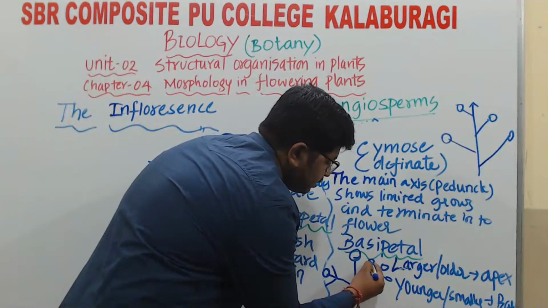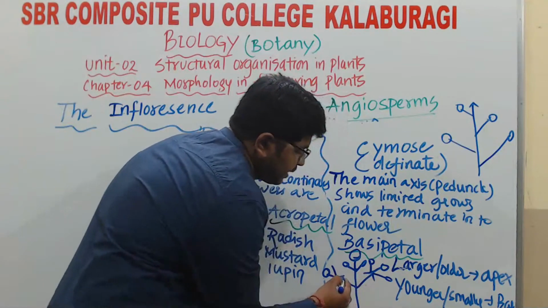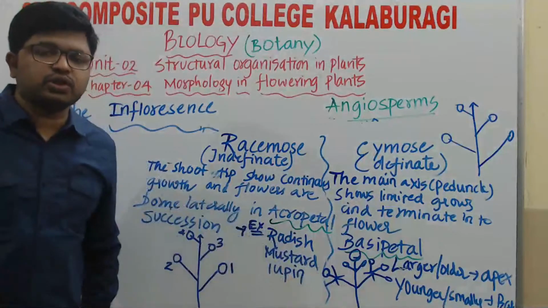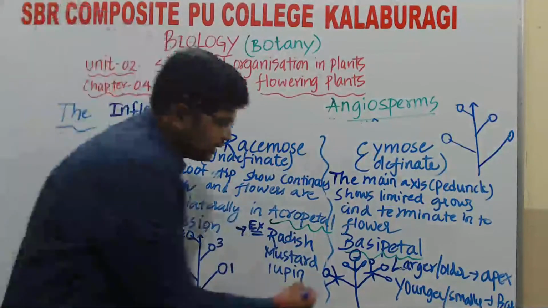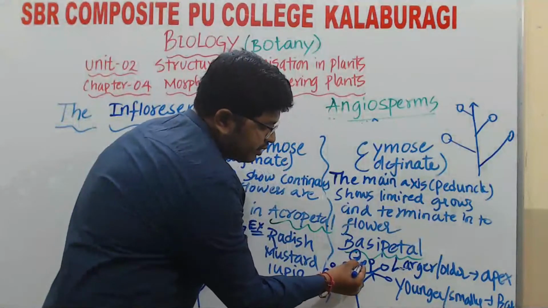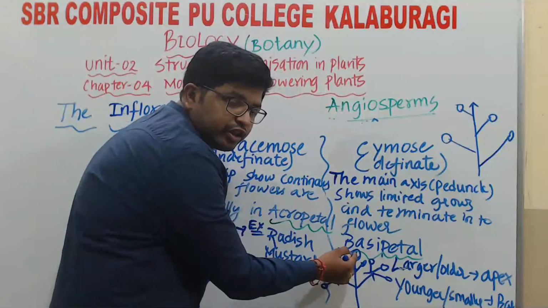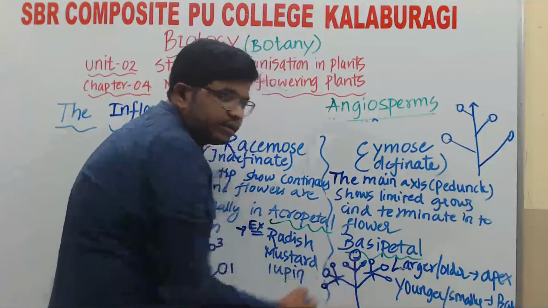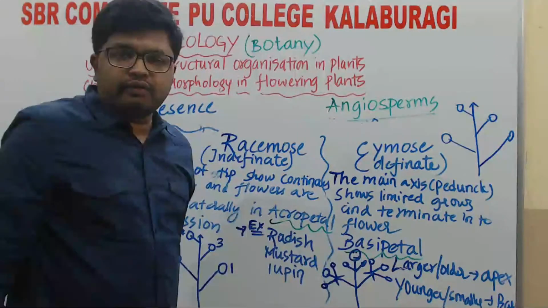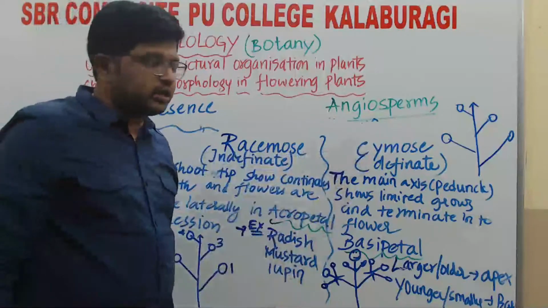These are the buds, and these are the bracts. So this is the cymose type of inflorescence. You can see the main axis ends up with the larger flower, and the laterals are younger flowers. This type of inflorescence we call the cymose type.